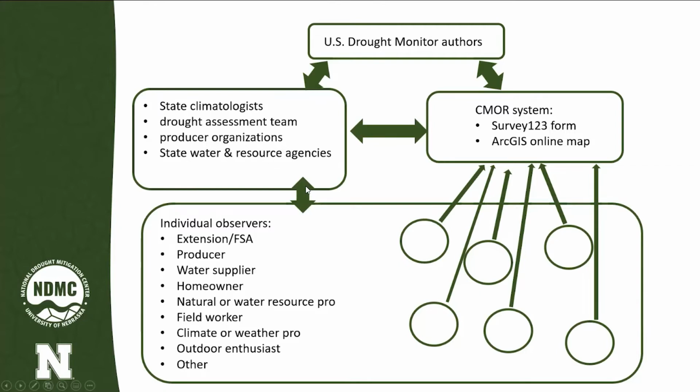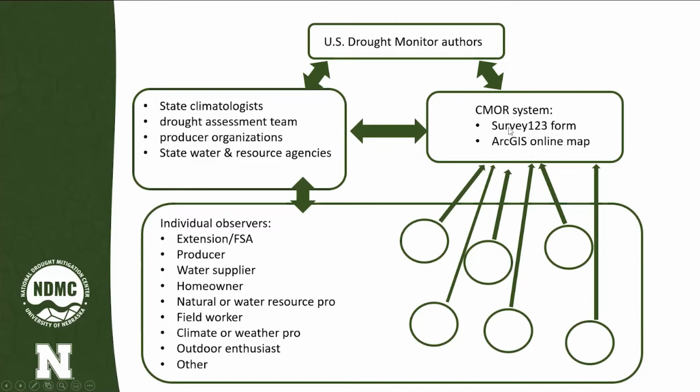So any of these folks from a state may reach out to the different observer types within that state, the different individuals across the state, and say, would you please submit observations for this specific purpose? And then these circles are the various individuals, they go into the CMOR system using the Survey123 form onto the ArcGIS Online map, which is pretty much an instantaneous process. They appear right away.